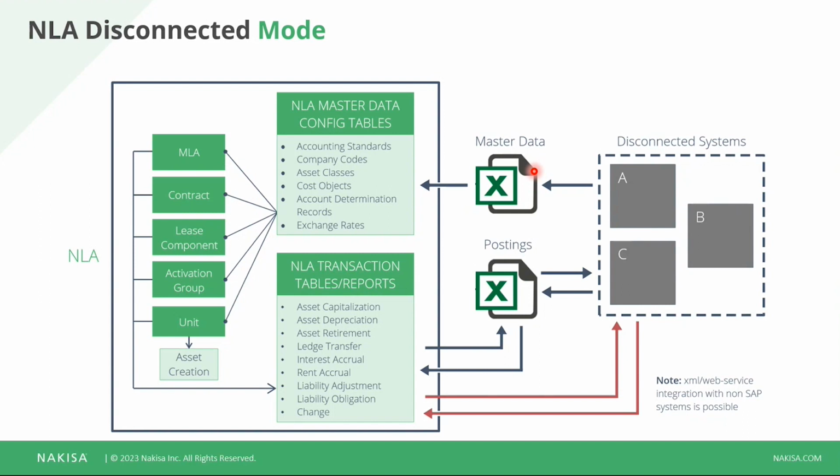So we have templates to configure all this information, like accounting standards, company codes, asset classes, accounting determination, exchange rate, and so on. Once we have everything in place, we will be able to enter our contracts and generate all the different journals that we will have in NLA to be posted in our general ledger system, like retirements, transfers, accruals, changes, charges, capitalizations, depreciation.